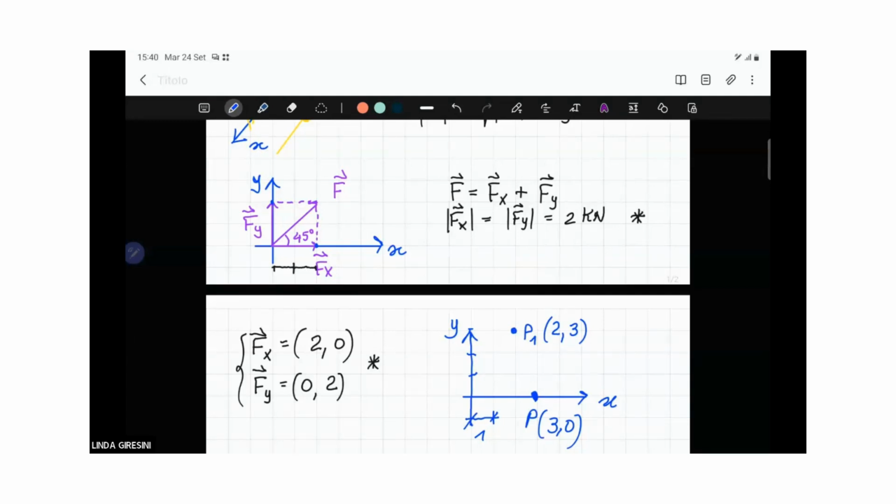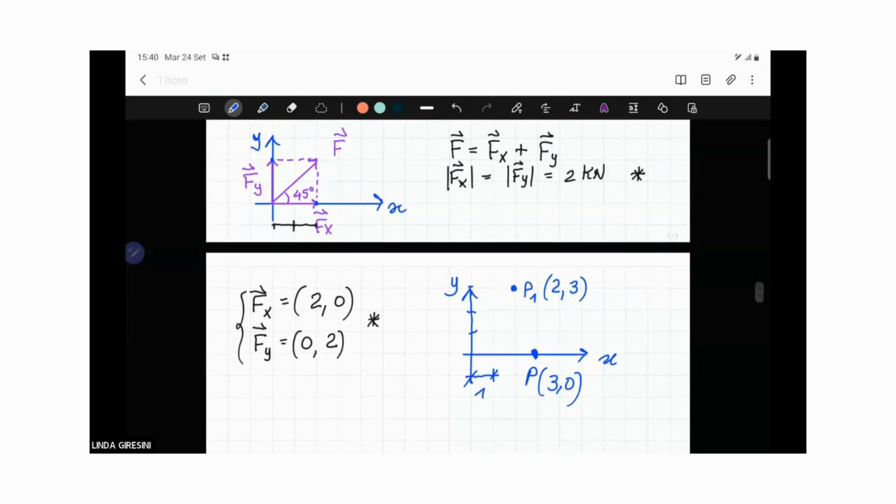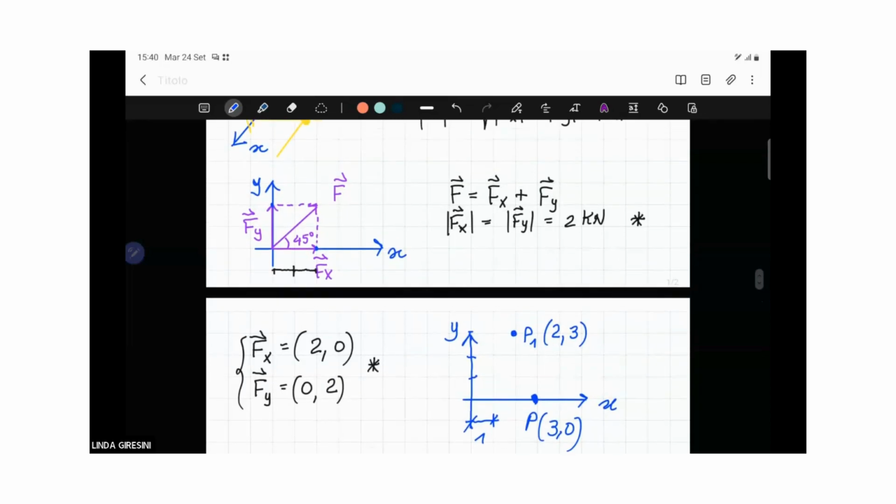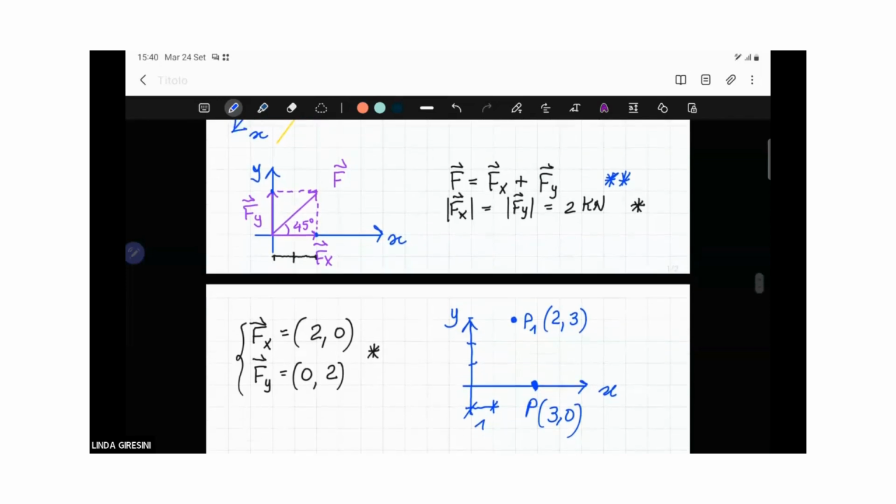It's not an answer. This is given by me. Now the answer, we have to get it. Okay? Just a moment, we will get it. So now we take this expression. And we want to find the magnitude of F, which is the sum of the two vectors.